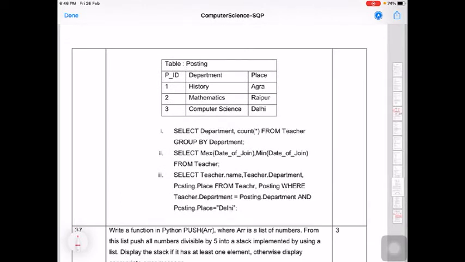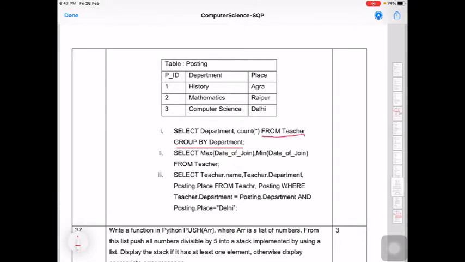Here the approach is right to left. So you must move from right to the leftmost, and through that you can get the perfect answer. So the first thing is, on the right, the first clause is group by department. That means you must have the department groups. So you are using the group by clause.